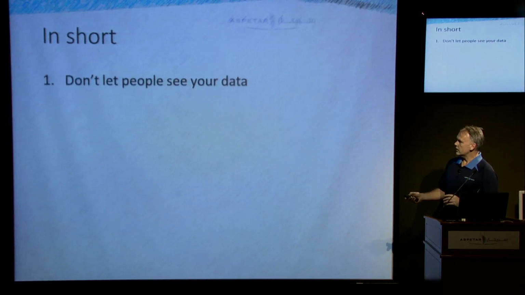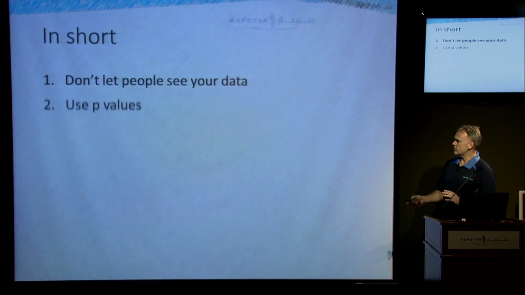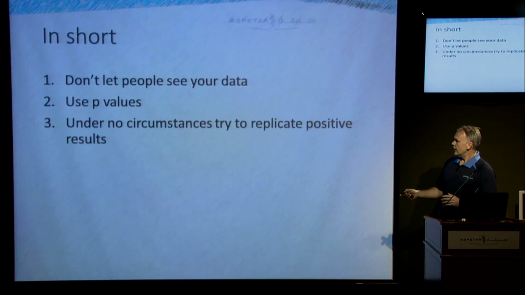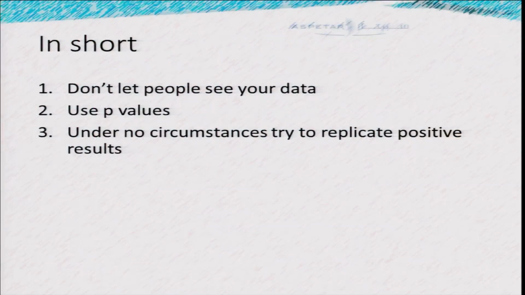So in short, under no circumstances ever let people see your data. This is really important. You're going to have to use p-values. P-values are one of your greatest allies in confusing and misleading people. If you are lucky enough to stumble across a positive finding, never ever try and replicate. This is a big rookie mistake.